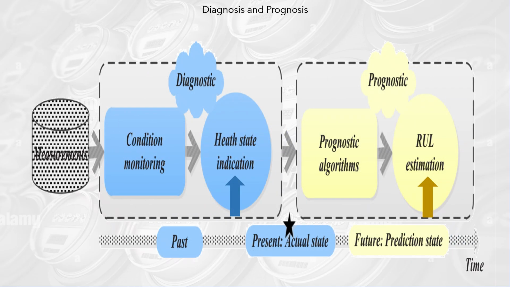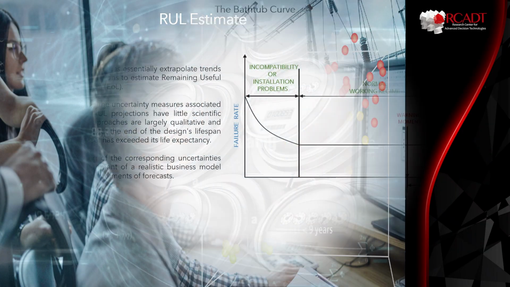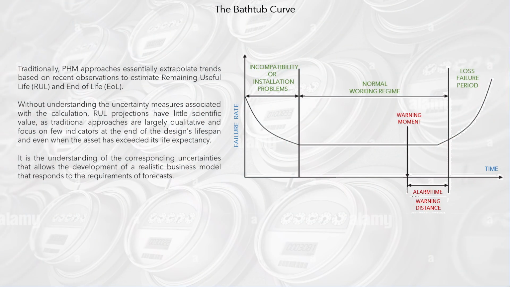Diagnosis corresponds to the analysis of data from the past, and prognostic corresponds to the prediction of the future, in terms of estimation of the RUL. Traditionally, PHM approaches essentially extrapolate trends based on recent observations to estimate remaining useful life, RUL, and end of life, EOL.